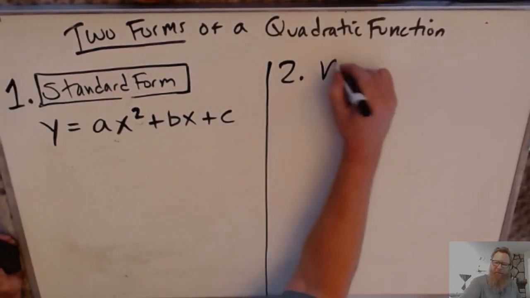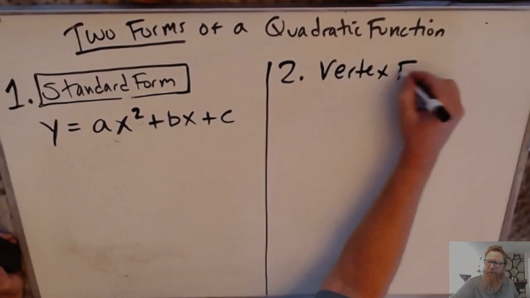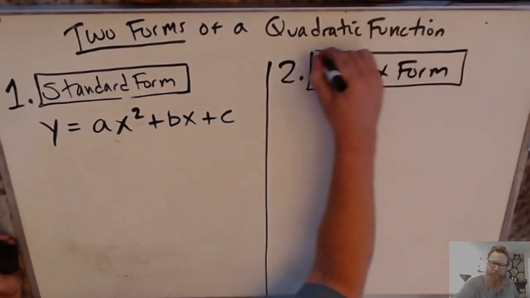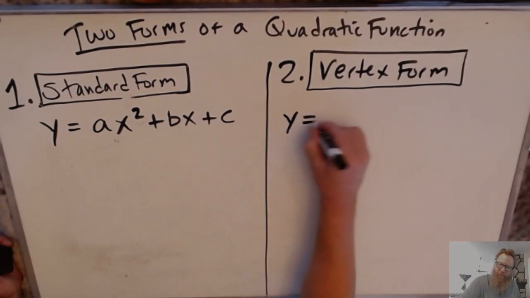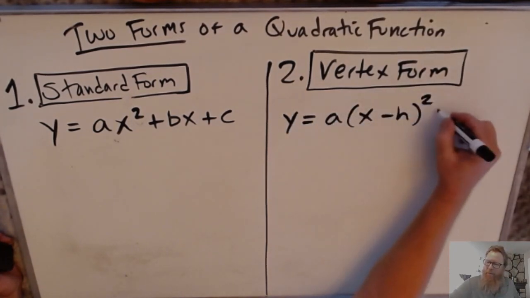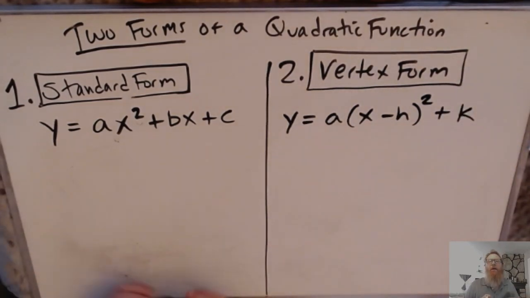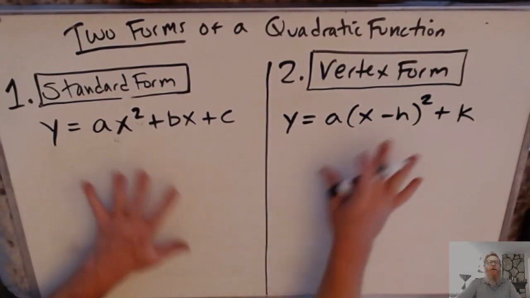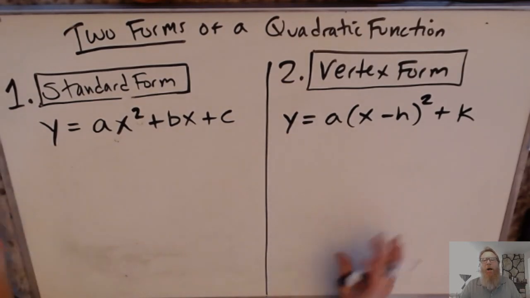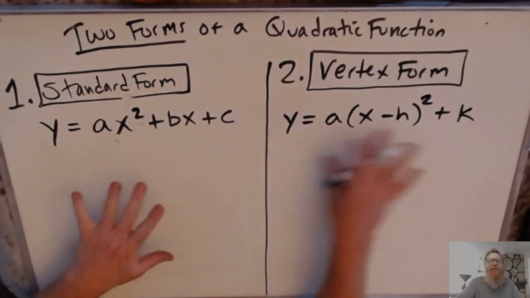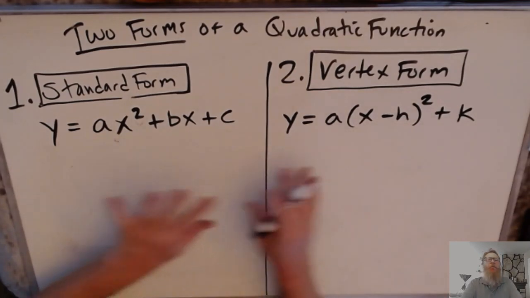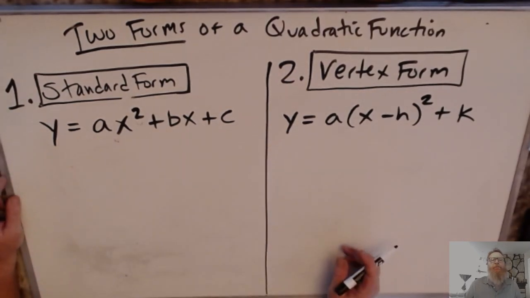But you have another form called vertex form. These are two different ways of looking at the same problem. The same exact equation can be written in either vertex form or standard form.